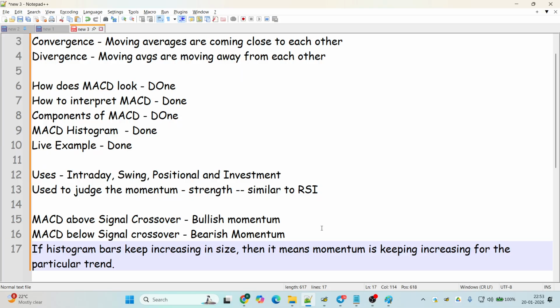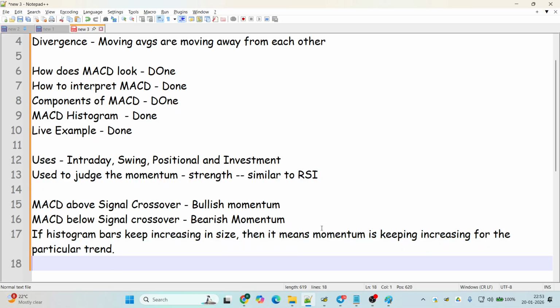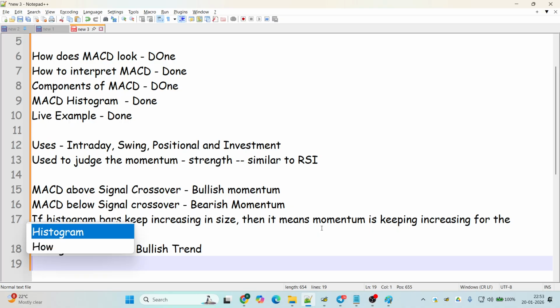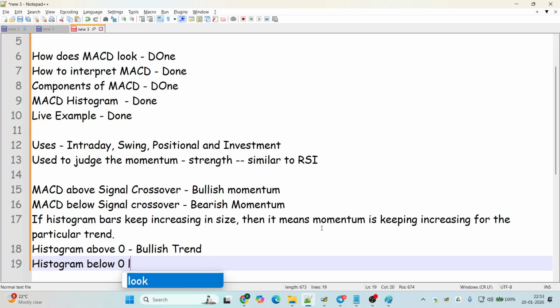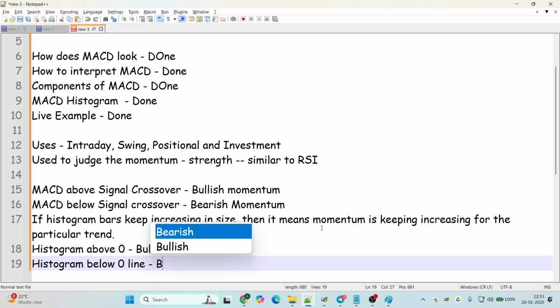Okay, and histogram above 0, bullish trend, and histogram below 0 line, bearish trend.